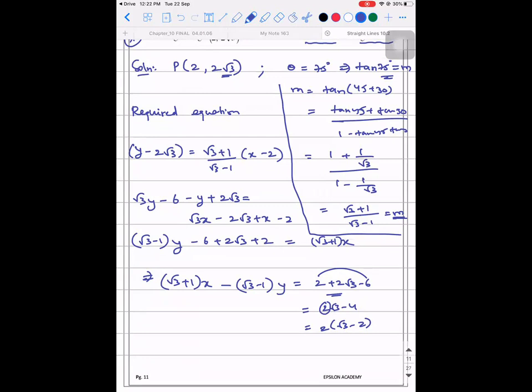One minute, wait. Did I do any calculation mistake? Root 3 plus 1 into x is equal to, it is, yeah, I left a 2 root 3 here.